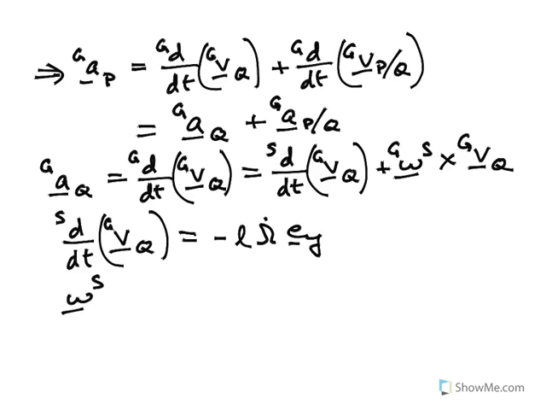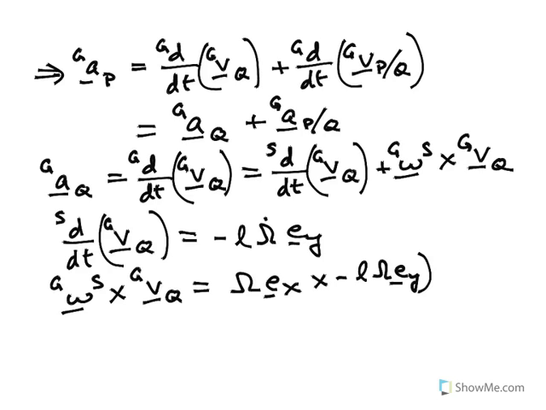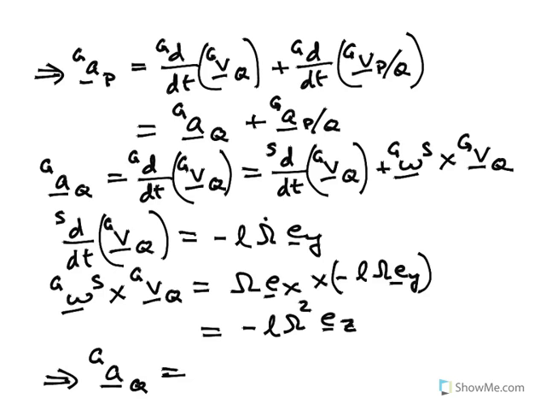The angular velocity of the shaft in G crossed with the velocity of Q in G is equal to omega Ex crossed with minus L omega Ey, which is equal to, Ex cross Ey is Ez, so I get minus L omega squared Ez, which gives me that the acceleration of Q in G is equal to minus L omega dot Ey minus L omega squared Ez.